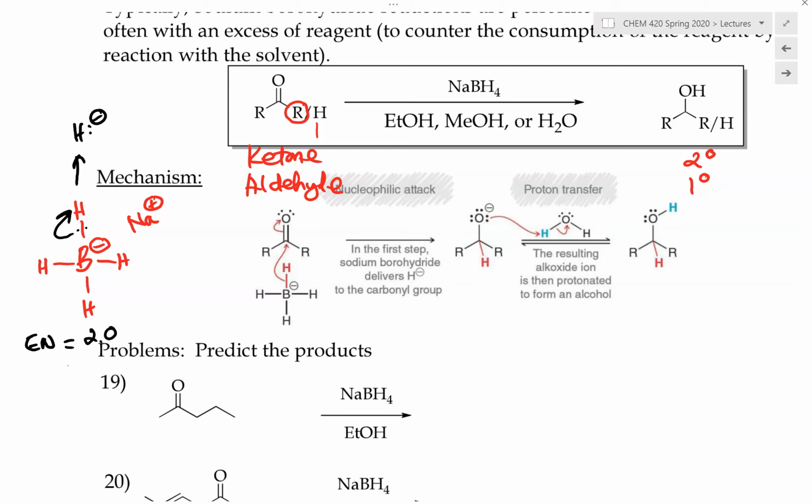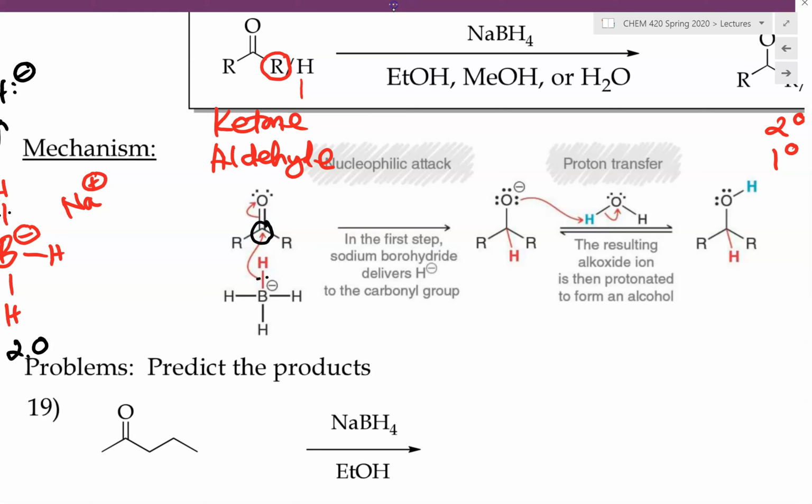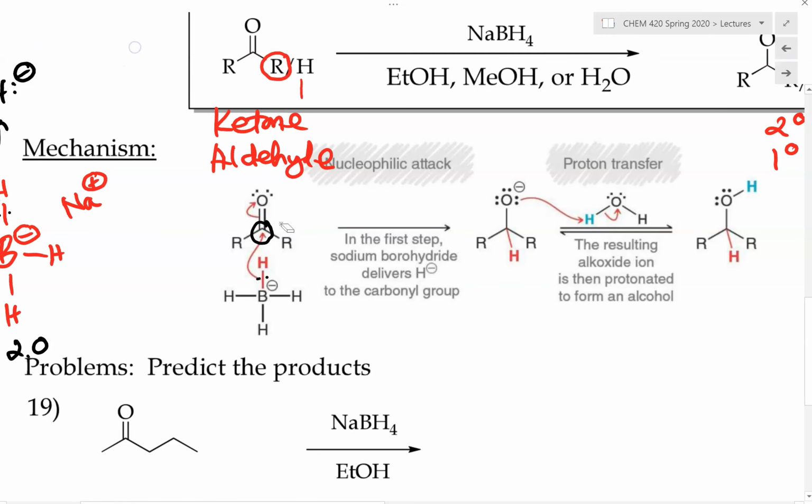And notice in this reaction mechanism, it happens as follows. Sodium borohydride is the source of hydride. This hydride takes the electrons and comes in, attacking this electrophilic carbon. So the reactivity of our substrate depends on the reactivity of this carbonyl carbon.